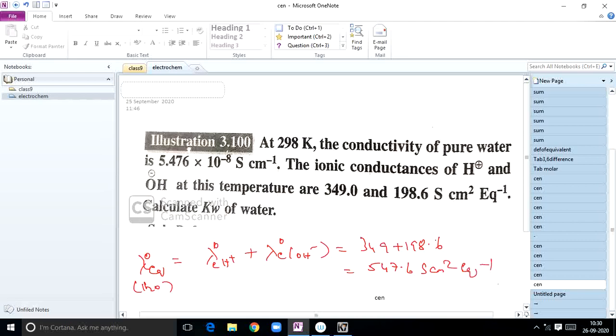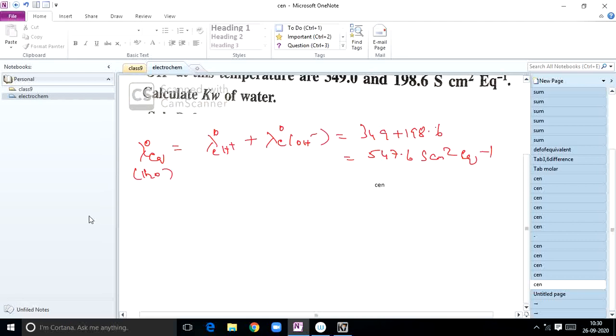After calculating this one, Kw, ionic product of water. What he is asking there, Kw of water.